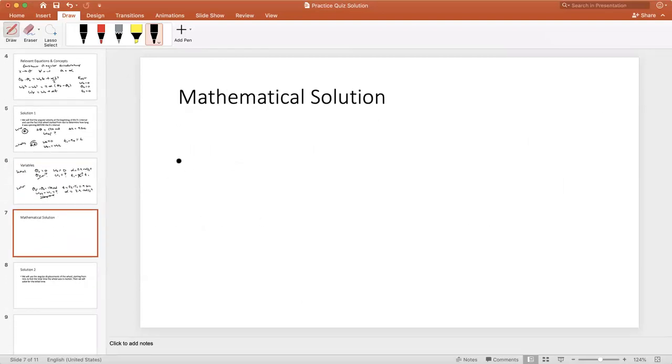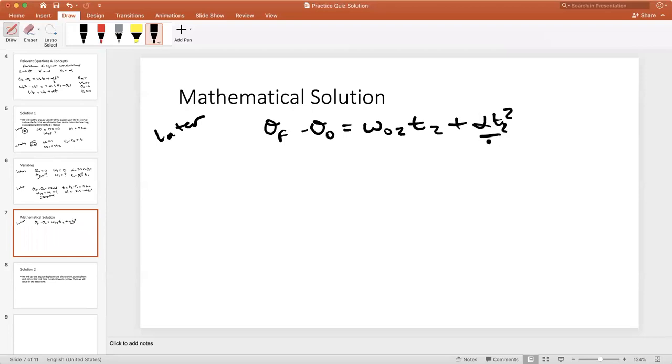For the later time, I need to find what the initial angular velocity was. I need to find this, and remember that this t2 here is actually our 9-second interval.